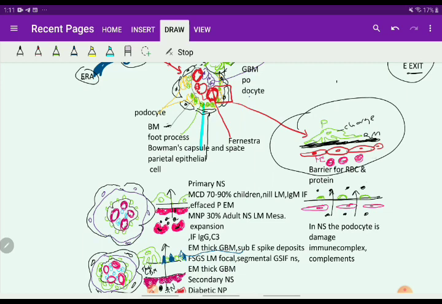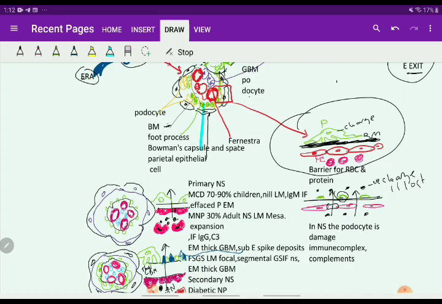In cases of nephrotic syndrome, we get loss of these podocytes, and they may become effaced with the basement membrane, as you can see here, and the fenestra may get large. Because the podocyte is lost, the negative charge is lost again, and so protein can pass, RBCs can pass, and even other substances like fat can appear.